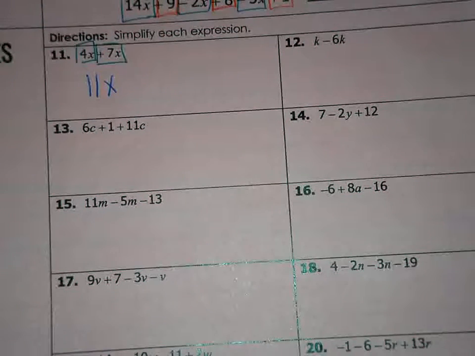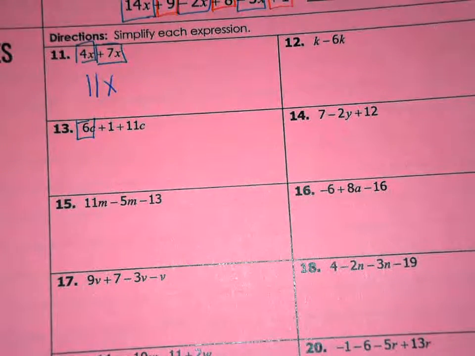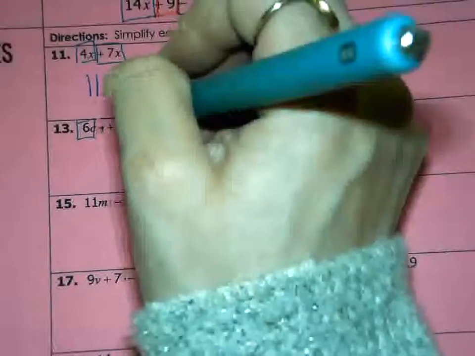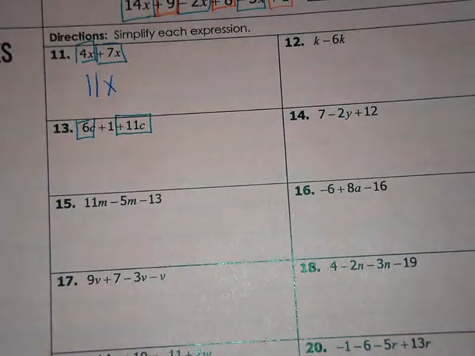Okay, if we go to number 13. What's the first term I need to box in? So I'm going to box in 6c. What can I combine with 6c? Plus 11c. Don't forget to box in that plus sign, because that tells you whether you're adding or subtracting.